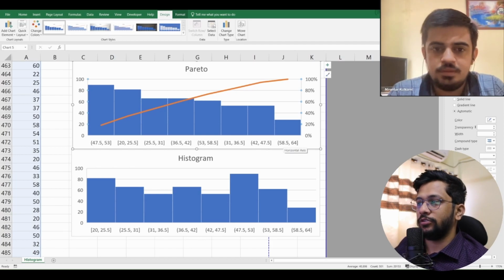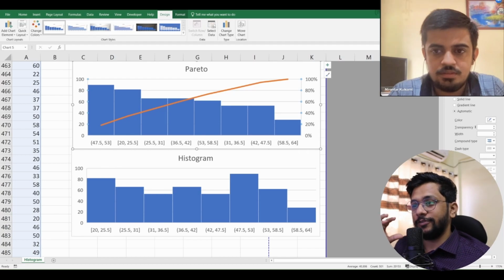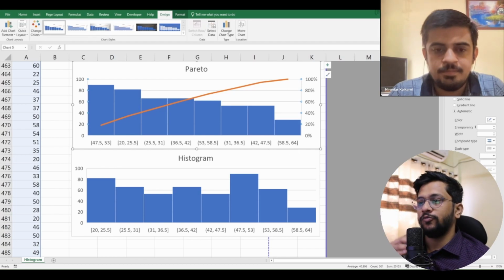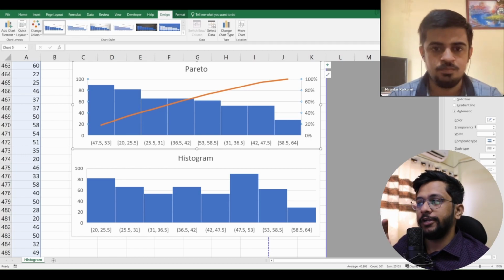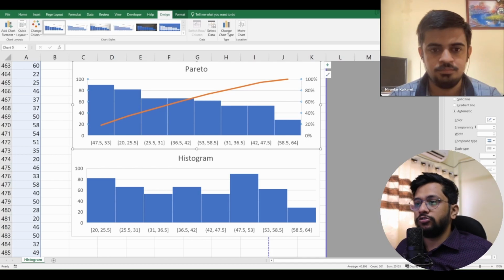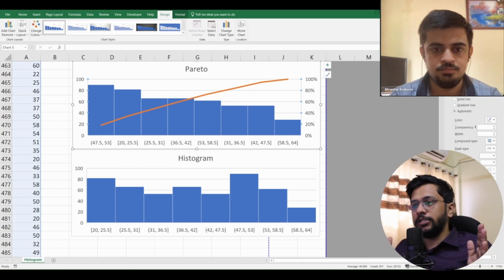But the highest number of people from a particular category is from 47.5 to 53 of age, roughly 90 people, and then 20 to 25, 25 to 31, and 36 to 41. So you see that a younger population has a higher 80% contribution in that entire organization.